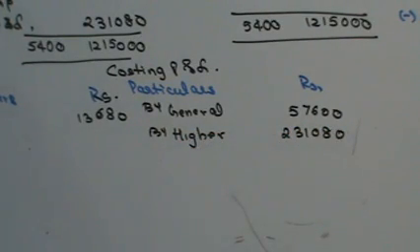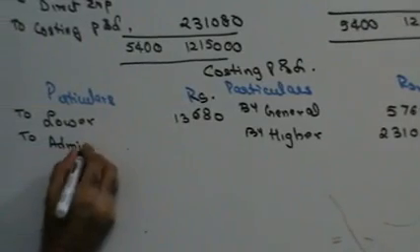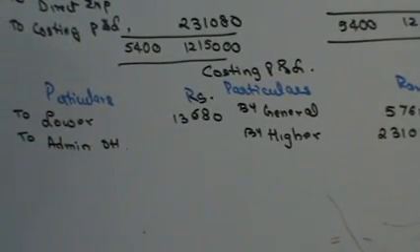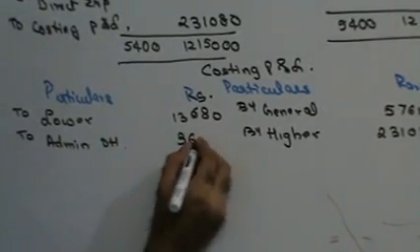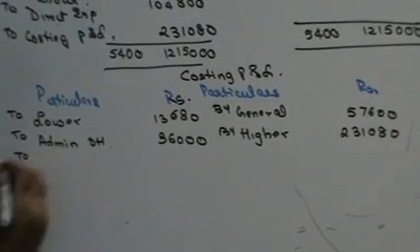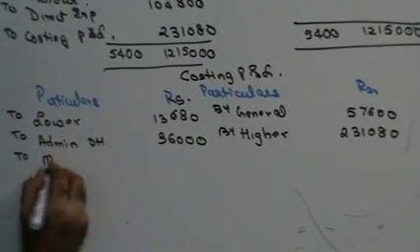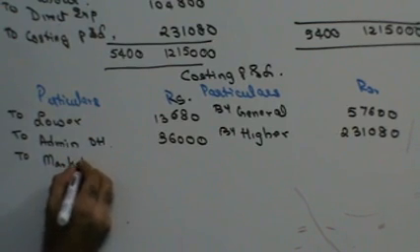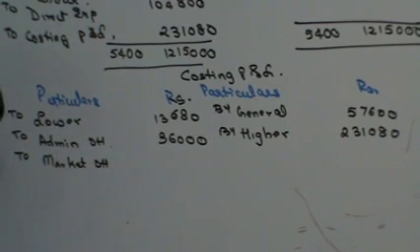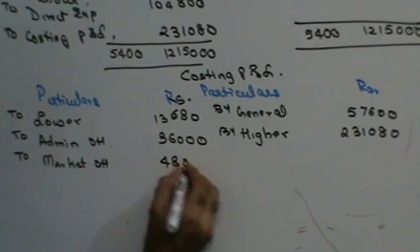Besides that, they have given you certain expenses which do not go in process but go in costing P&L. Like they have given you administrative overheads, which is 36,000, and they have also given you marketing overheads, which is given to you as 48,000.